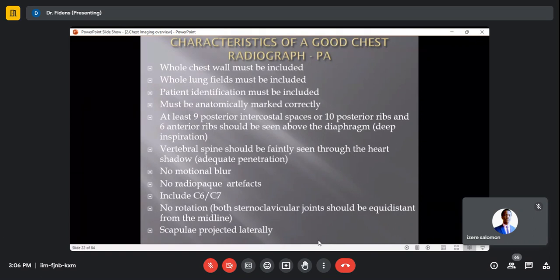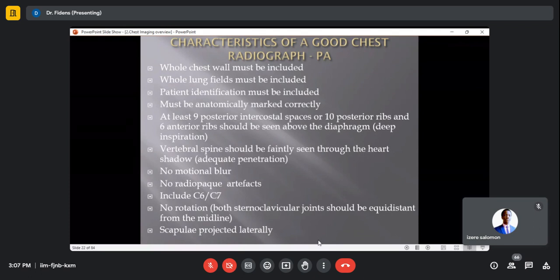Number 4, it must be anatomically marked correctly. Marked, I mean the left side. Normally we put left or right to show you that this is the left side or right side. Number 5, at least 9 to 10 posterior ribs and 6 anterior ribs should be seen above the diaphragm.